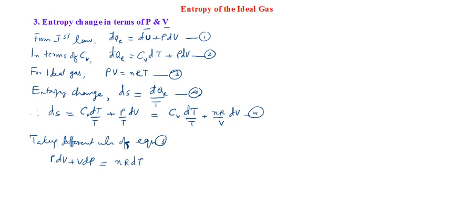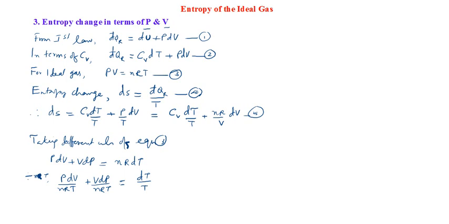So let's do one thing. Let's divide throughout by nRT. What do you think you will be getting? It will be P dV by nRT, it's simply a mathematical technique, plus V dP by nRT is equal to, on the right side, nR will get cancelled, so only dT by T will remain.